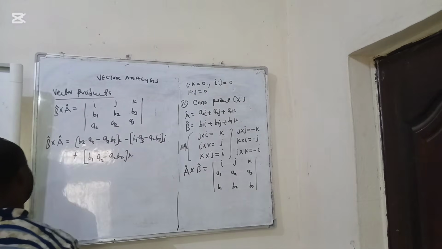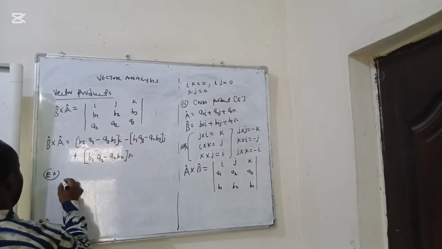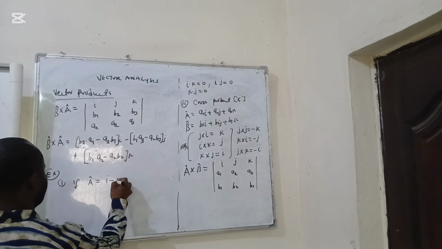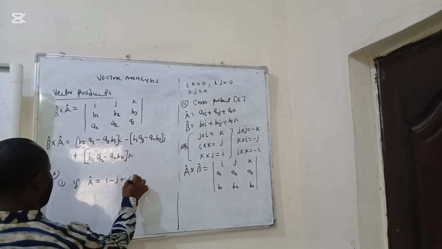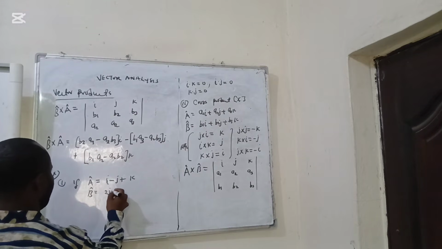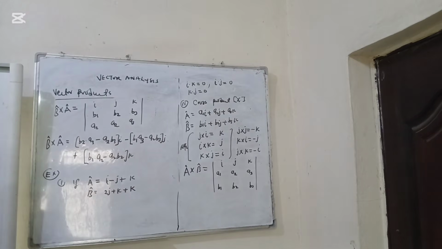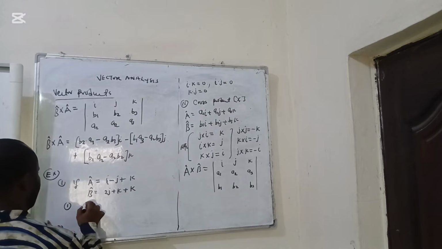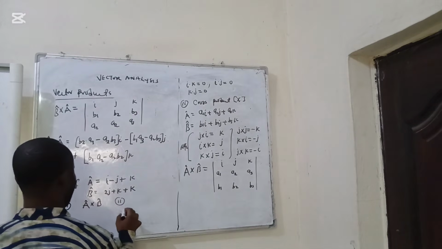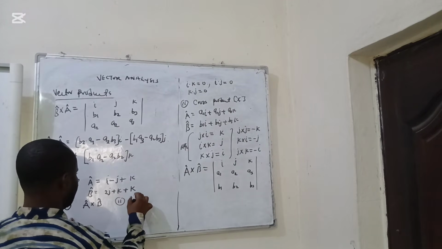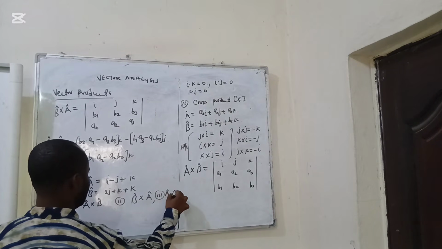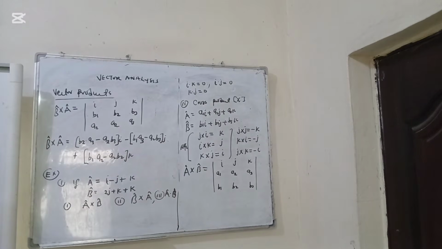So let's take this example. If A is equal to i minus j plus k, and B is 2i plus j plus k, we should look for the cross multiplication between A and B, and also look at B and A, and finally look at the dot product of A and B. So that is before us.